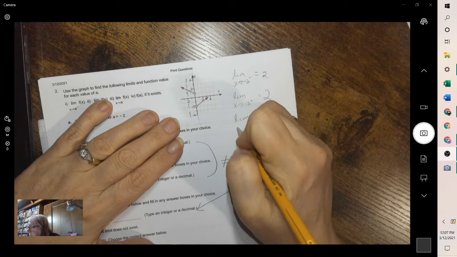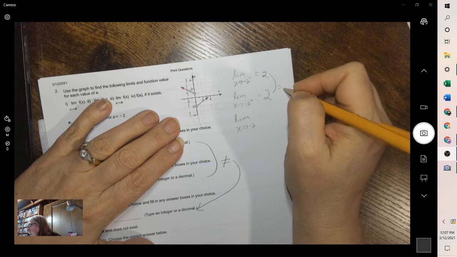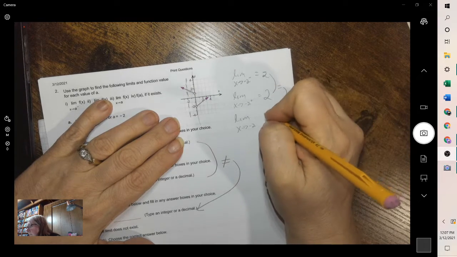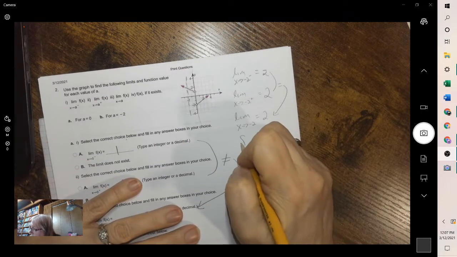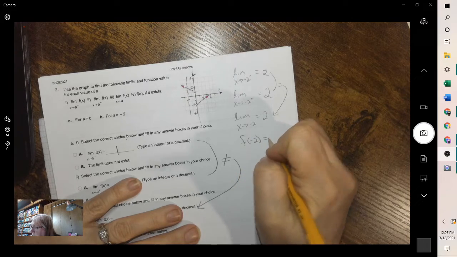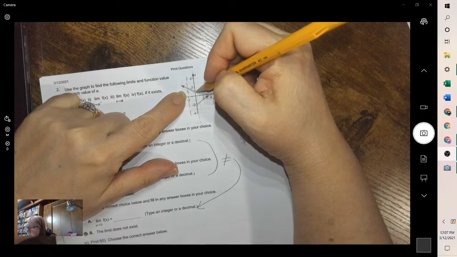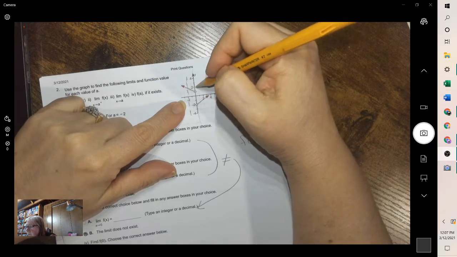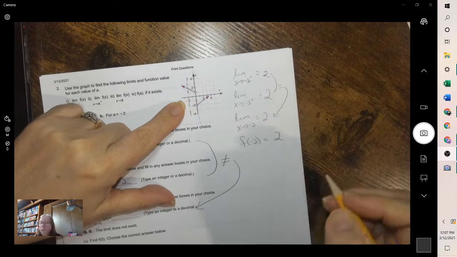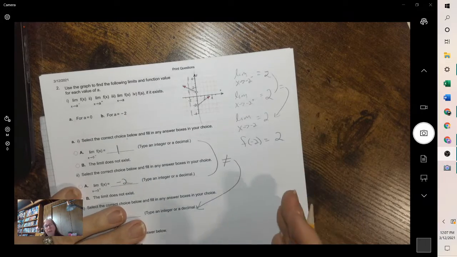That means the limit as x approaches -2, since these two are equal, this one is the same. Last one, f of -2. That's looking for the shaded in point, and this is one solid line, so the point is at -2, 2. So when it's a solid line like that, they are all going to be the same.